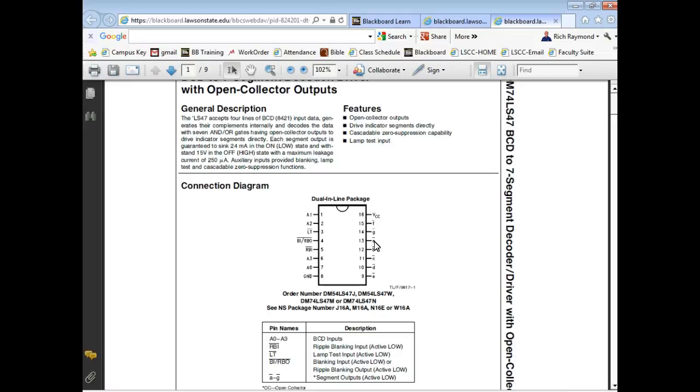So I was asking where the ABCD inputs were. National calls them A0, A1, A2, and A3. I look at my schematic, which is what I'm looking at. What do they call them on page 97? What do they call it?